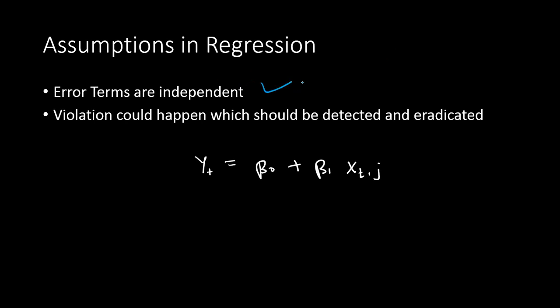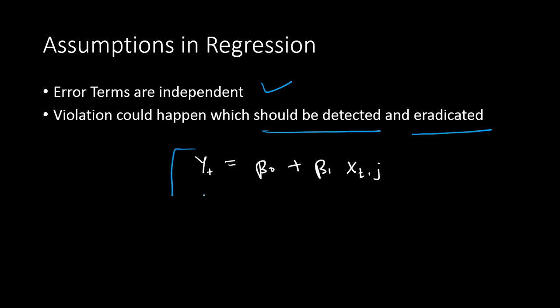They should not be correlated. If at all they are correlated, then we come across the problem of autocorrelation. So if the violation happens, we need to detect if there is a presence of this problem, and we should find out a way to eradicate it before we can come up with the final regression equation.